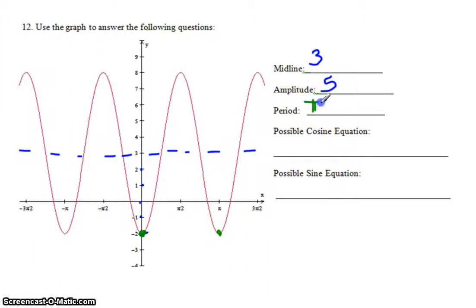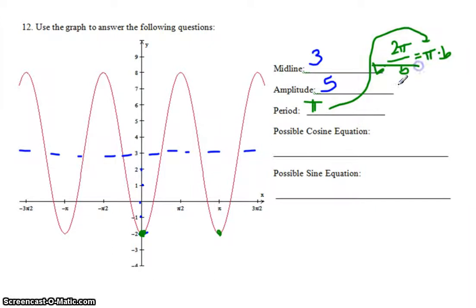Well, to find my equations here, I need to find what my b equals. So if 2 pi divided by b is going to give me my period, that means it's also going to get me my pi. So now what I need to do is I need to multiply both sides by b.